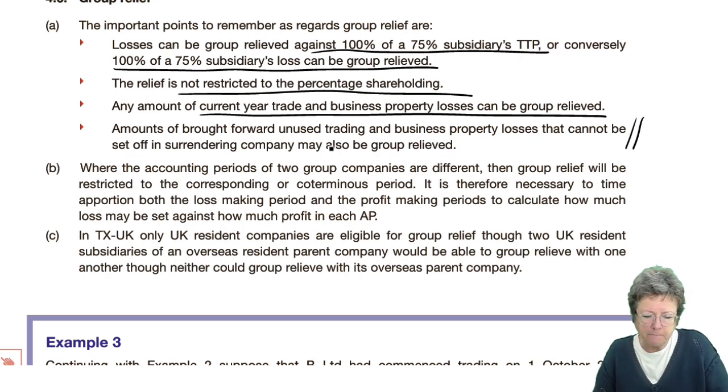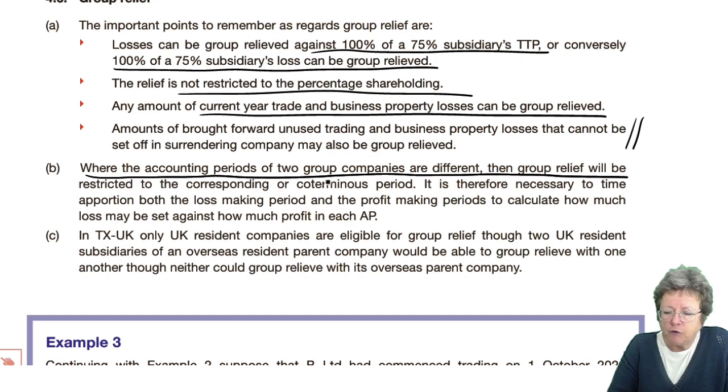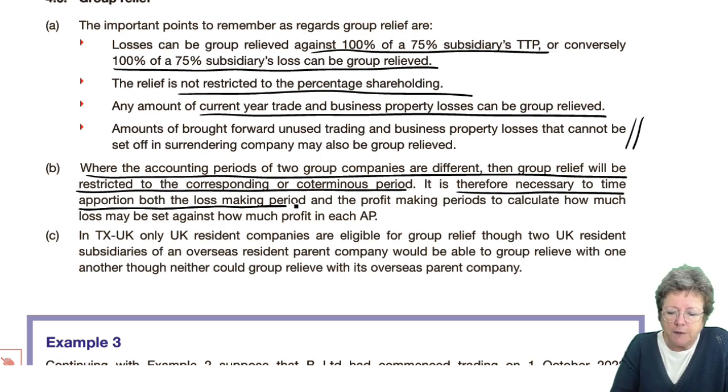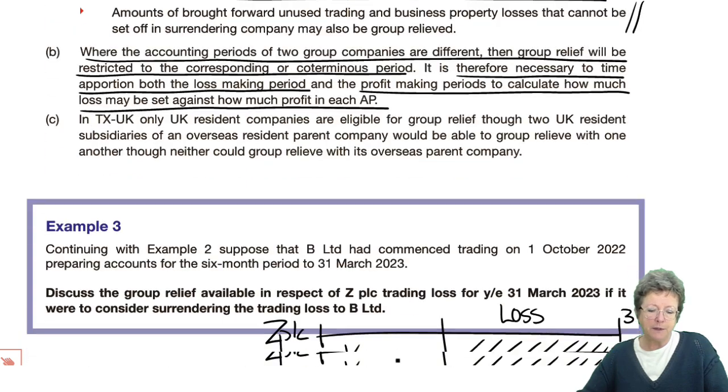Here we go: where the accounting periods of two groups are different, then group relief will be restricted to the corresponding or coterminous period, therefore necessary to time apportion both the loss-making period and the profit-making period to calculate how much loss may be set against the profit for each one. Okay, and it's the lower of those two that you need to be dealing with.